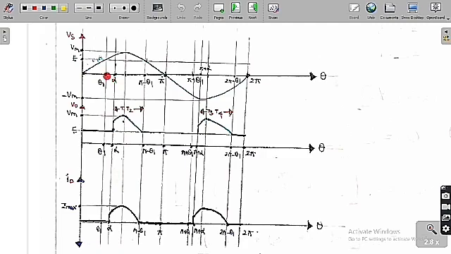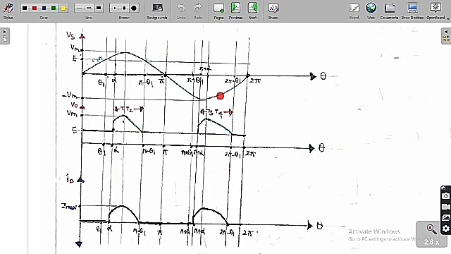Only in the range from theta 1 to pi minus theta 1 is the source voltage greater than the value of E. Therefore only in this region can we trigger T1 and T2. So the range of alpha to trigger T1 and T2 is theta 1 to pi minus theta 1.